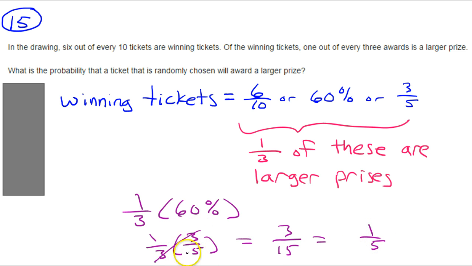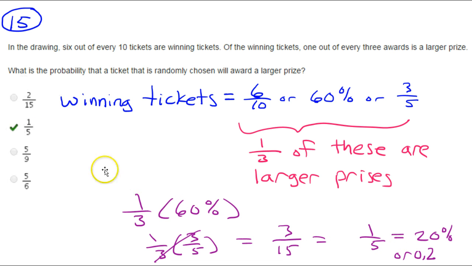Or I could have just canceled these 3's out, 1/5. And 1/5, that would be the answer in fraction form, which is the same thing as 20% or 0.2, depending on which way you want to go with it. They went with the 1/5, so there you go.